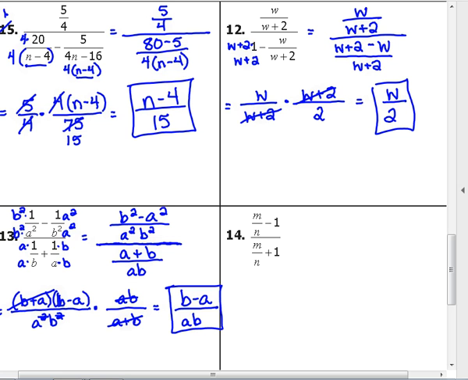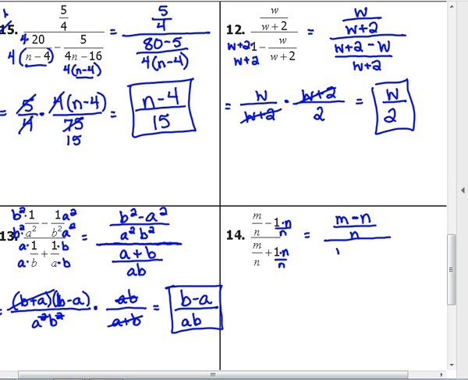All right, 14, here's another one with these ones on there. So we need to multiply the first one by n. So we've got m minus n over n over, we've got to multiply by n in the denominator as well, n times n.